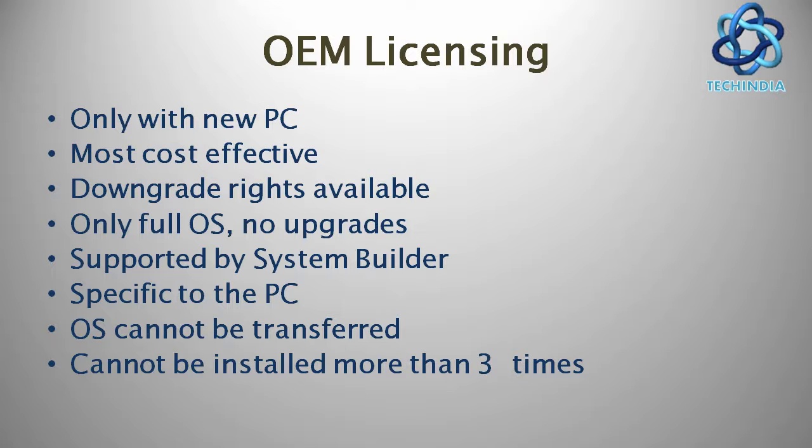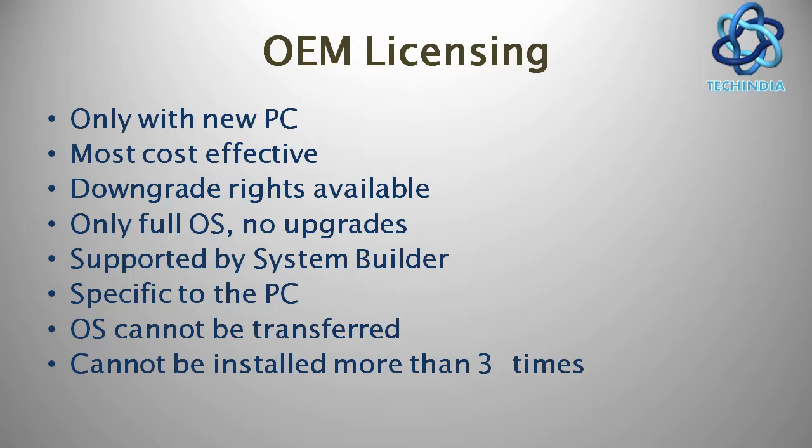So next we are going to discuss the OEM license. Here it will be available only with a new PC. It is the most cost effective, downgrade rights are available, and you will get the full operating system, with no upgrade option, supported by a system builder. What do you mean by supported by a system builder?